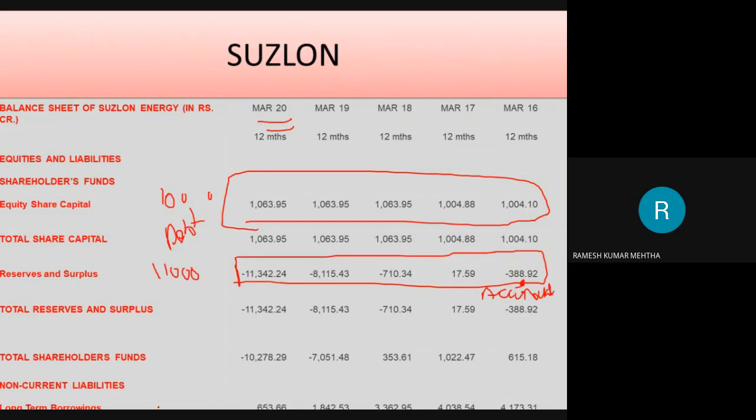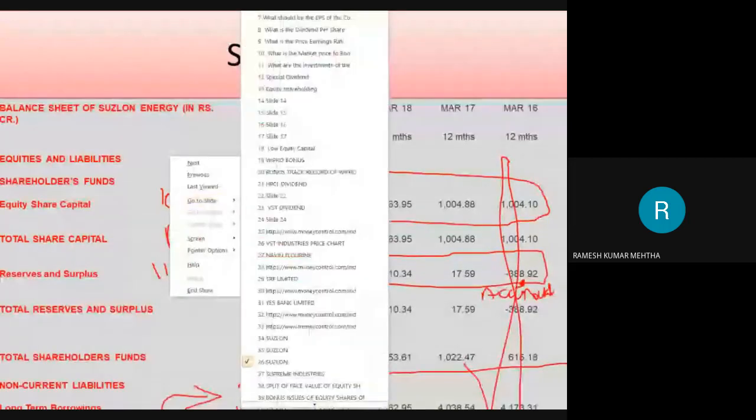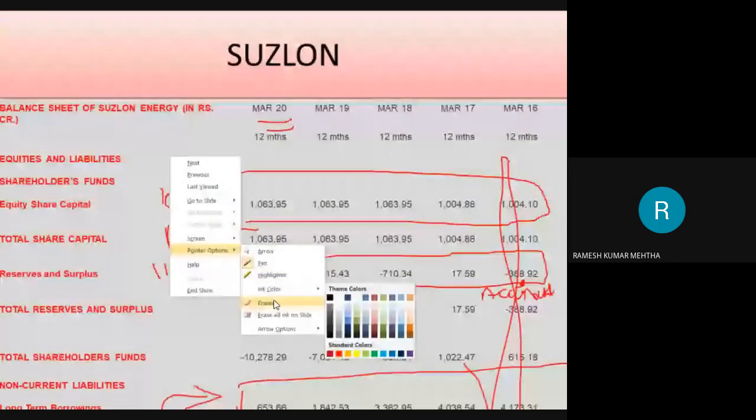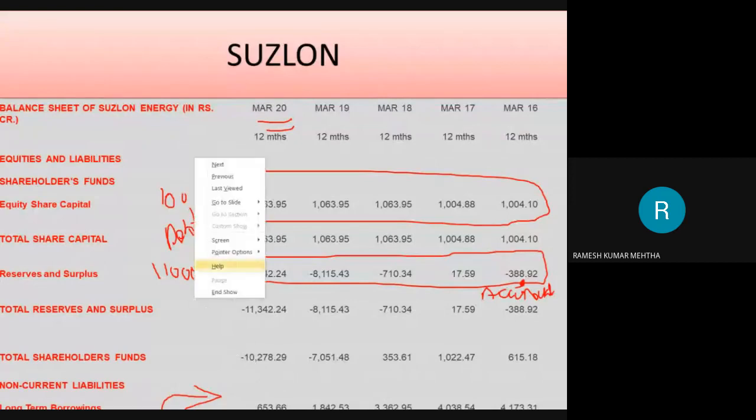So let's look at this. Very important. The loan which the company has taken during these years was 4,000 crores in 2017, and today in the year 2020 it has reduced to 653 crores.